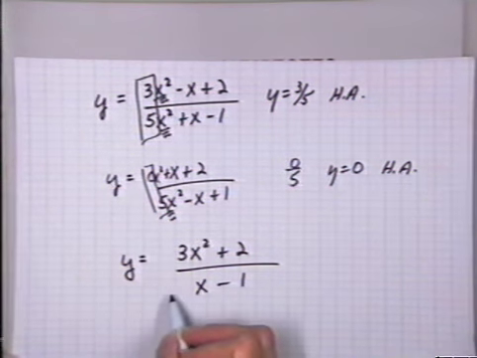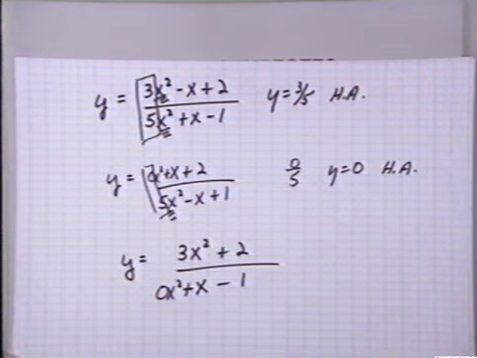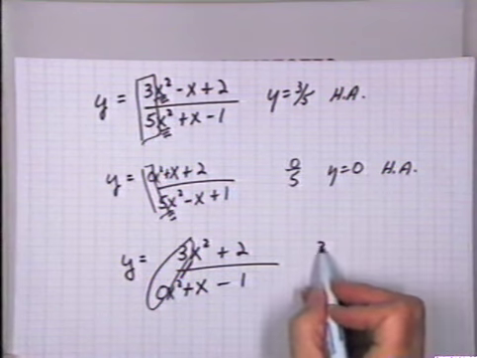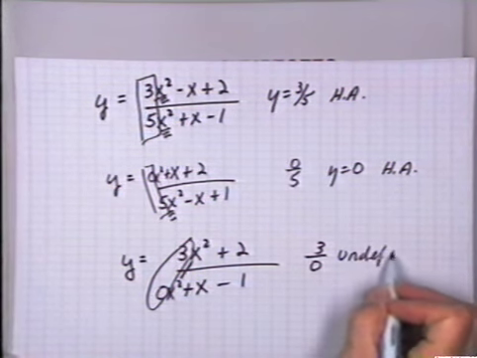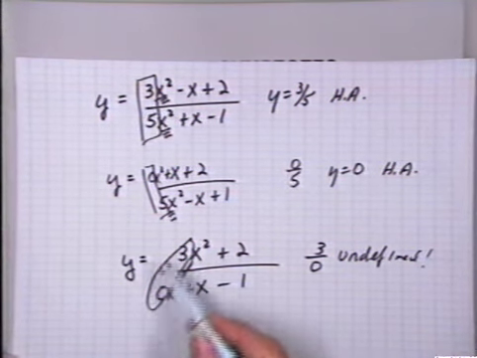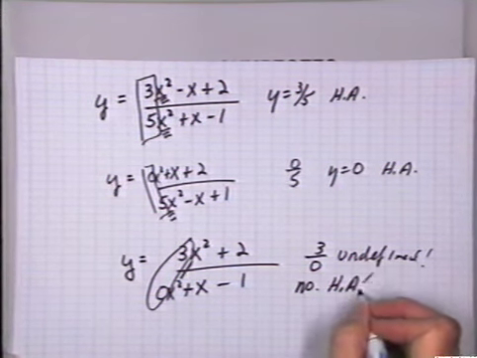If I add a term to have x squared down here, it'd be like 0x squared plus x minus 1. Look then at these powers and your leading coefficients, 3 over 0. What do you know about that? That's undefined, isn't it? Well, because like powers here would give me an undefined situation, there is no horizontal asymptote.